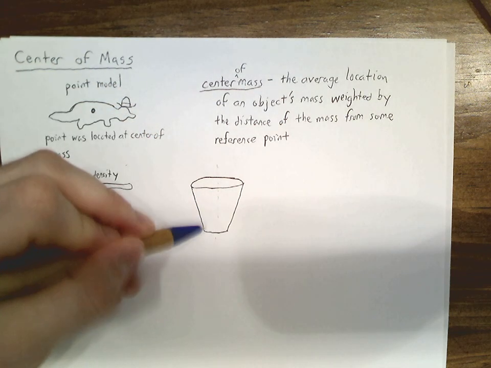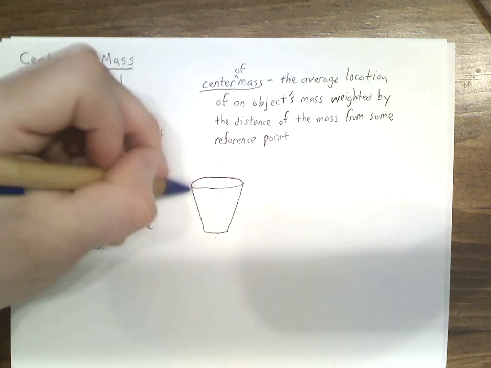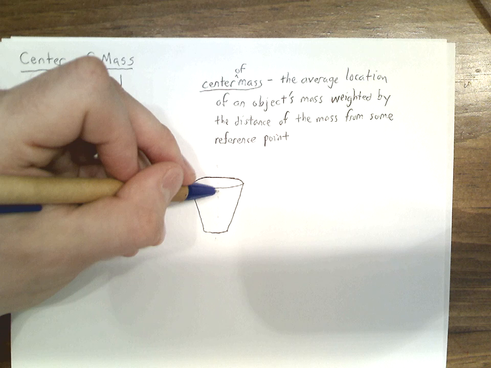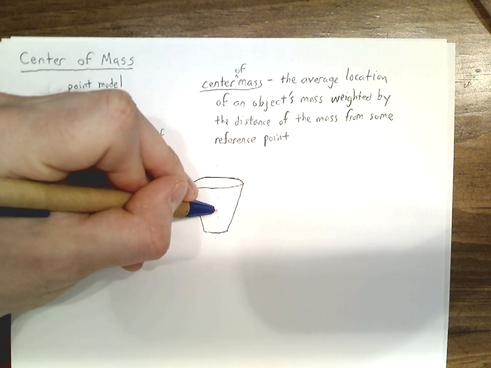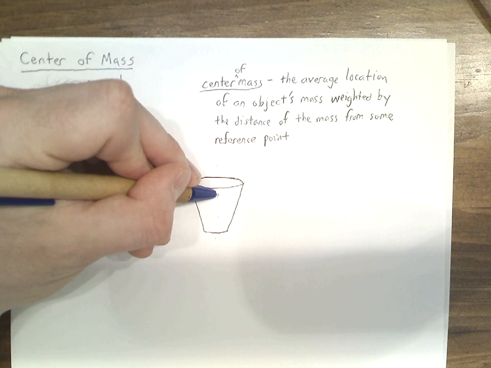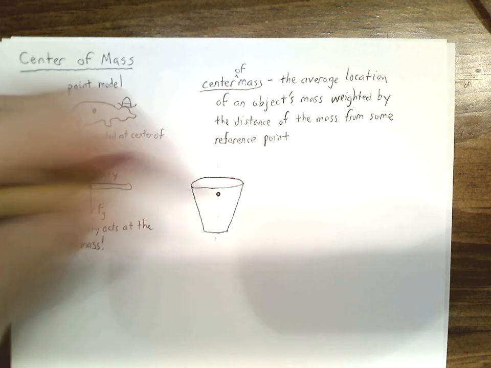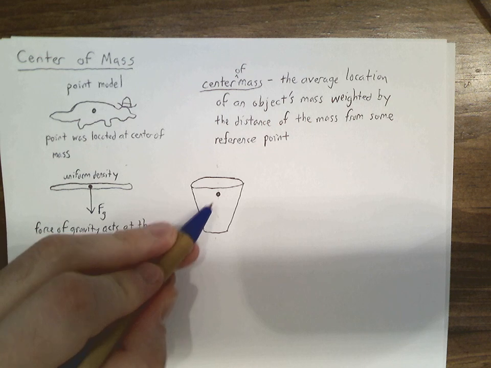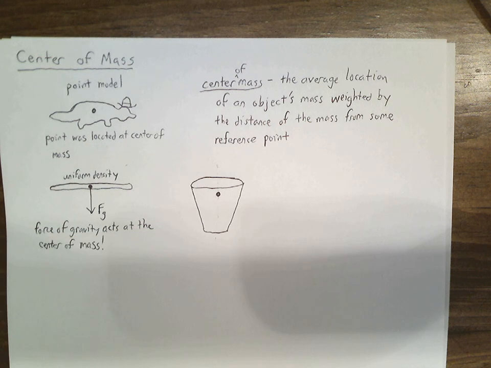But if we're thinking about vertically, because the object's wider at the top and narrower at the bottom, there's more mass up here. If this were a perfectly symmetric object, it would be at the center, but that more mass up there is going to shift the location of that center of mass higher up. So the center of mass is not at the center of this object because of the way that it's shaped.